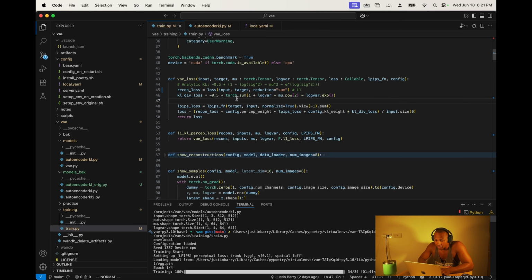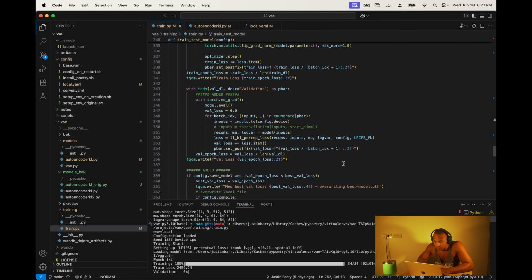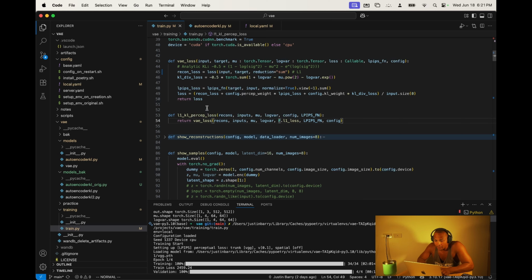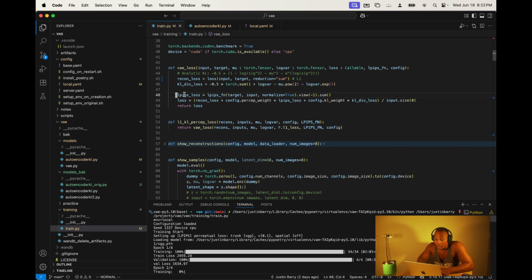Let me make sure I'm passing in L1. Oh, L1, right. So I created this wrapper for the loss function, which knows what values to pass in. So it's passing in the L1 loss and the LPIPS loss, right? So this reconstruction loss is L1, and then the standard KL divergence that we've been doing, and then LPIPS, which is a package that uses a pre-trained VGG to calculate this LPIPS loss.